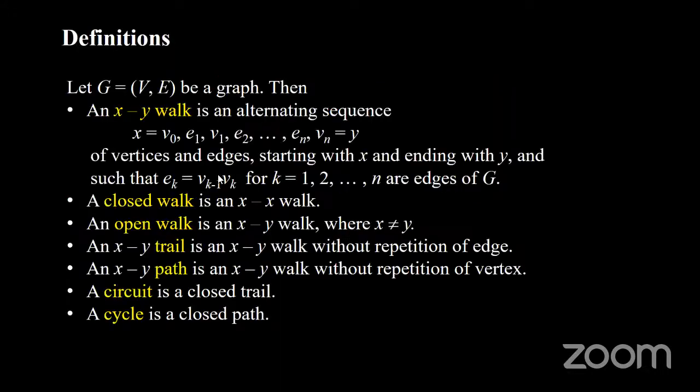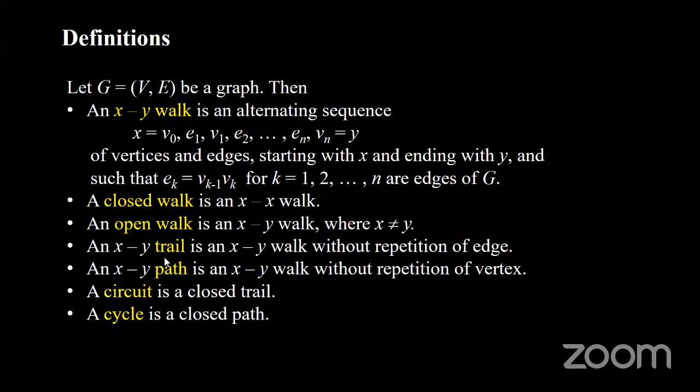So again here, that's the definition. An XY walk is like this: an alternating sequence of vertex, edge, vertex, edge. A closed walk is a walk where the first one and the last one are the same, and an open walk if they are different.